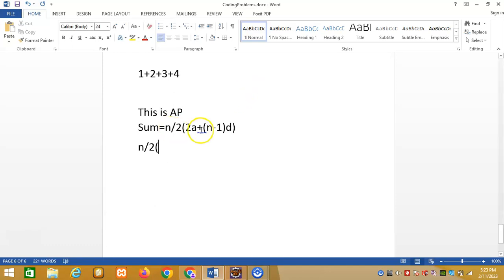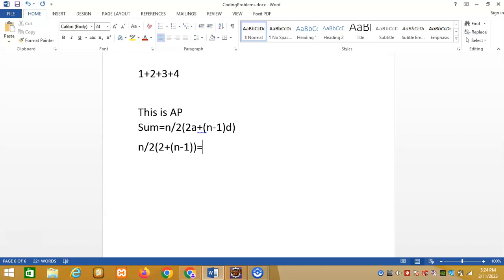We know our a will always be 1, because it is the sum of first n natural numbers and natural numbers start from 1. So 2 into 1 is 2, plus (n minus 1) d. D is again 1, because the difference between each consecutive number is 1. So into 1 will be n minus 1.